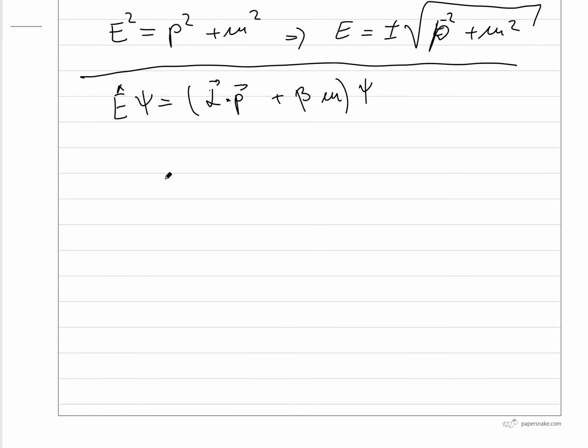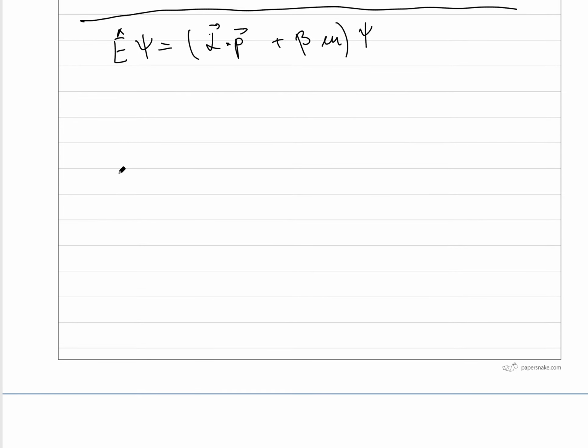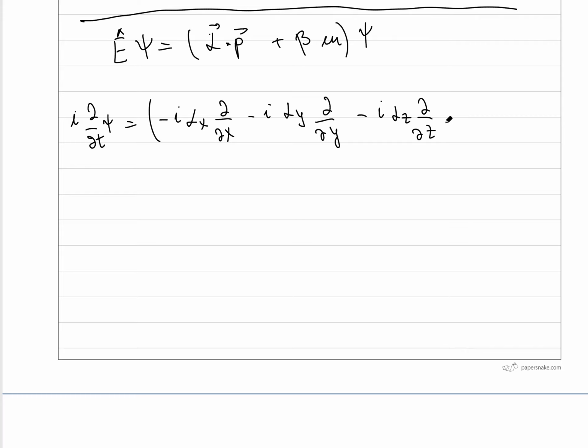So he started from this equation, and if you write it in a longer form, it's i partial of t psi, and then it should be minus i alpha x partial of x, minus i alpha y partial of y, minus i alpha z partial of z, plus beta m psi.